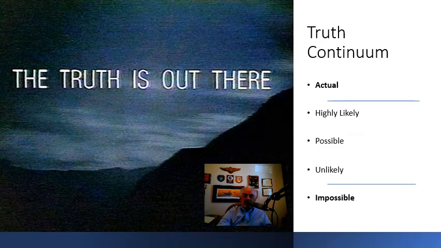And finally, it is impossible for this to be true for very specific reasons. That's the truth continuum. And that's what we're going to be using as we examine things with respect to the truth algorithm going forward. The truth continuum is a major component of the truth algorithm. So keep that in mind.